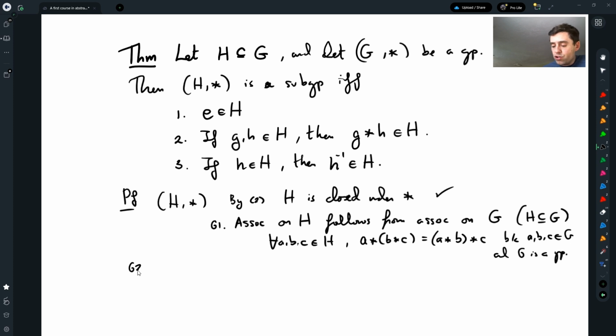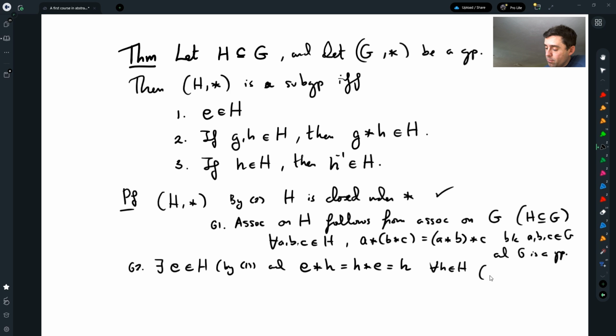What about G2? Is there a neutral element? Yes, there is an element e in H by the first assumption in this theorem. And e star h is h star e is h for all h in H, again because H is in G and G is a group, and therefore e is the neutral element.